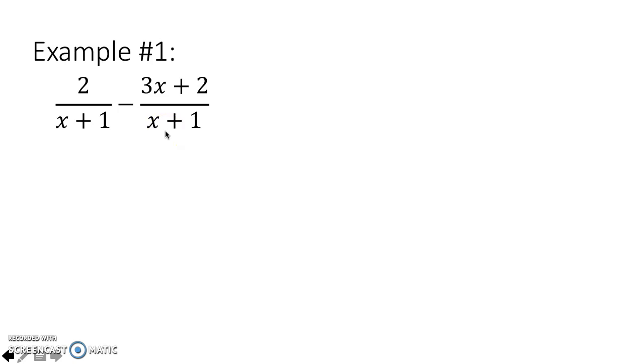Writing this in a single rational expression would be like this. Notice that the numerators 2 and the expression 3x plus 2 are both enclosed with parentheses. They are separated with a subtraction symbol since the two rational expressions are also separated by a subtraction symbol.